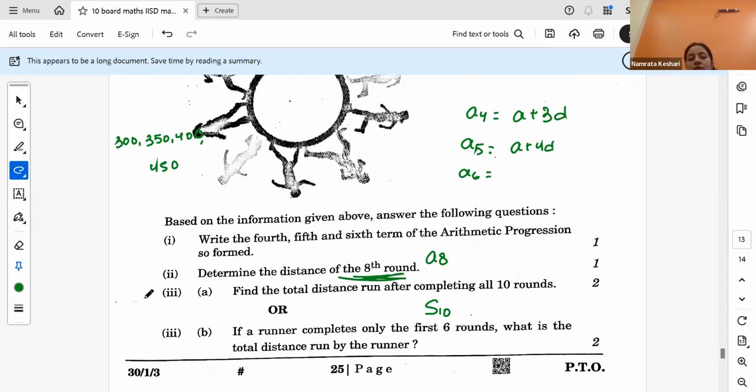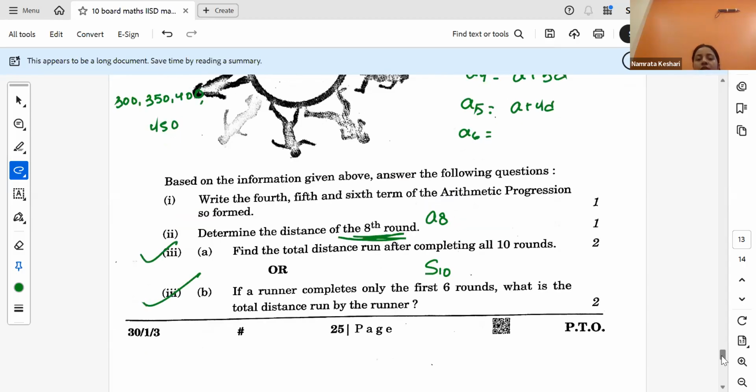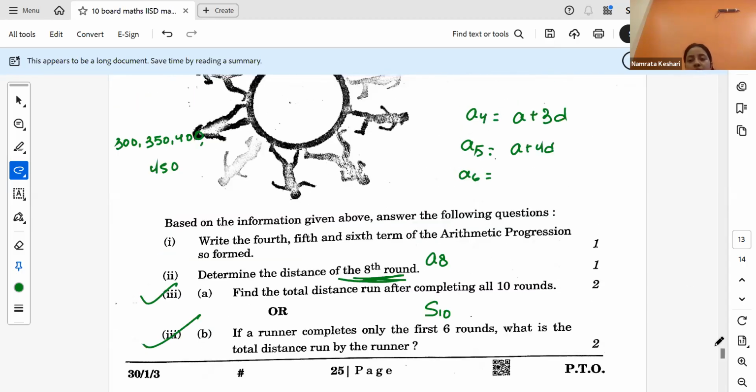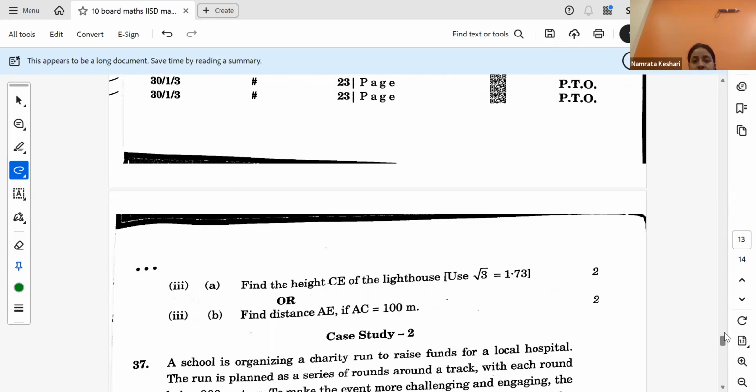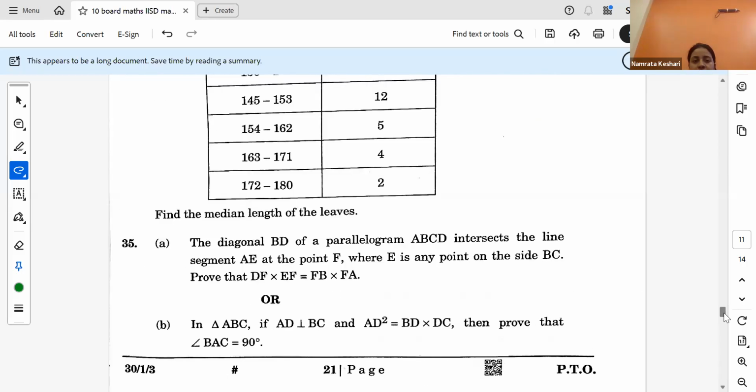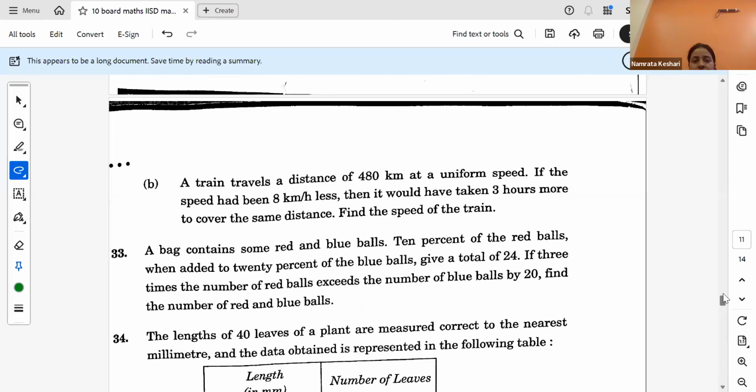We'll be doing number 3 and the next one, but not now. So far the first two parts are clear. Is it clear?